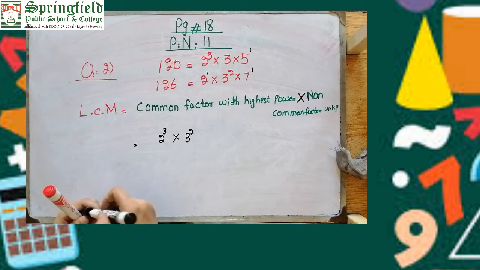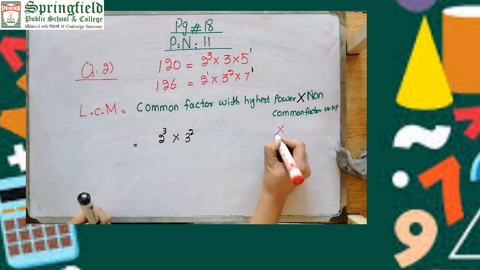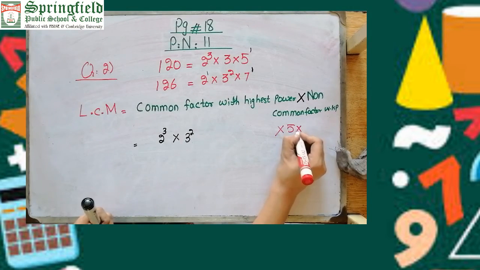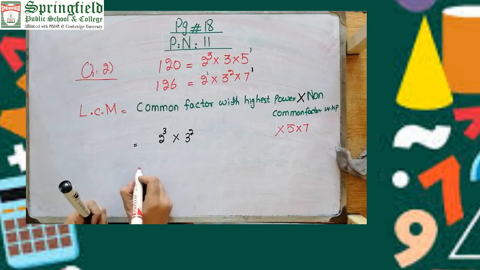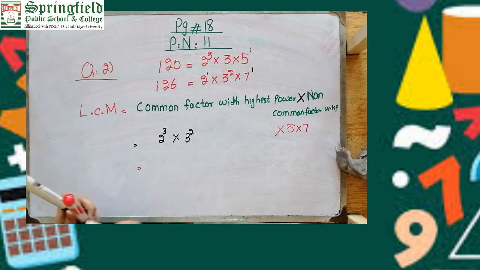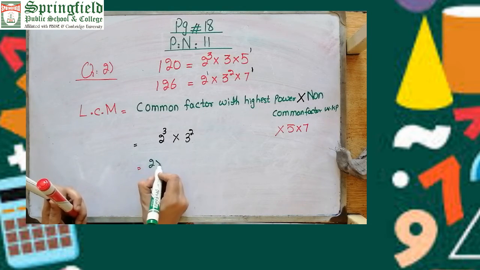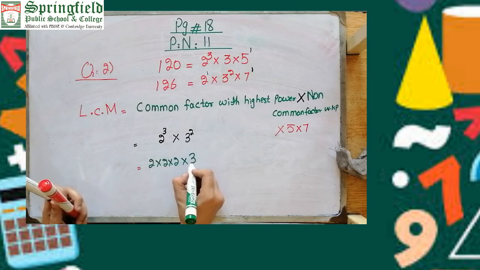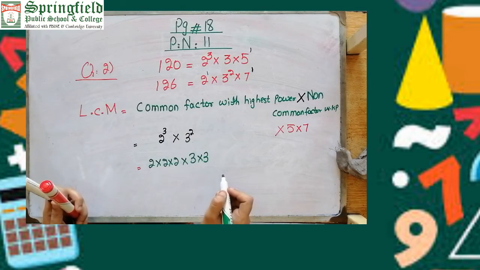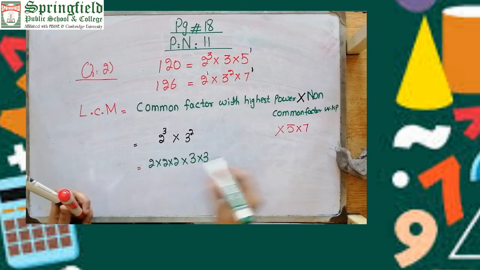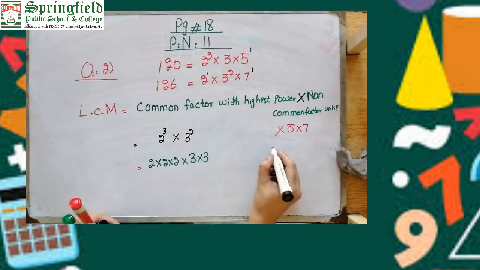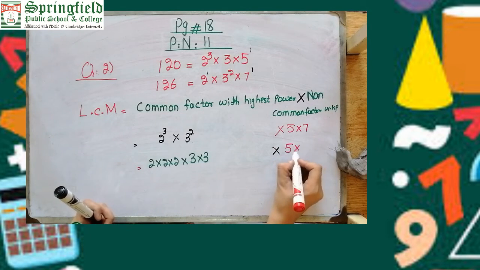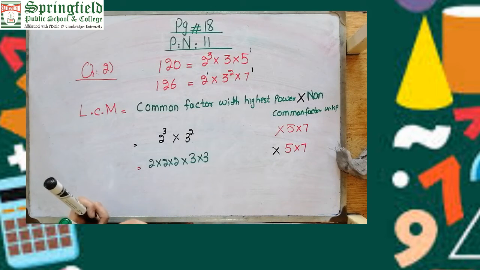So write down the multiplication of non-common factors; these are the non-common factors, 5 and 7. Now open the brackets. 2 power 3 means 2 will be written 3 times. 3 power 2 means 3 will be written how many times? Two times. Then write down the multiplication of non-common factors, 5 and 7.